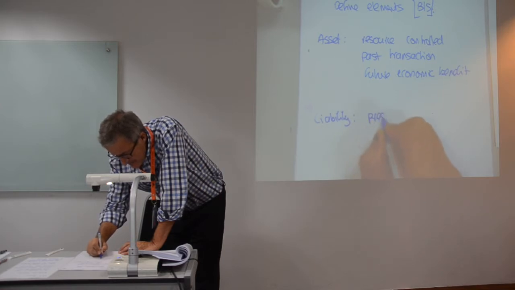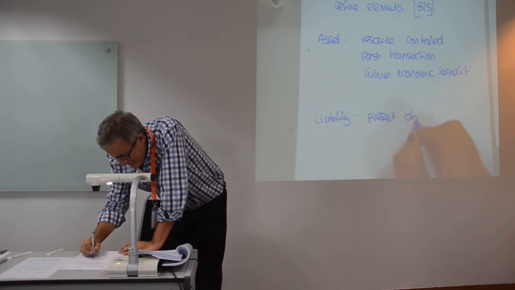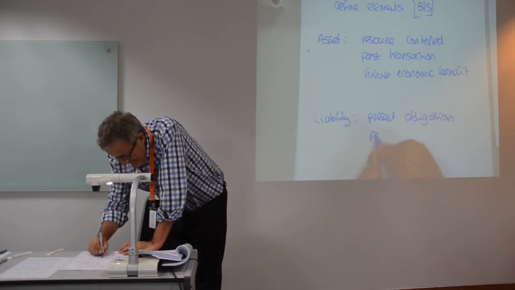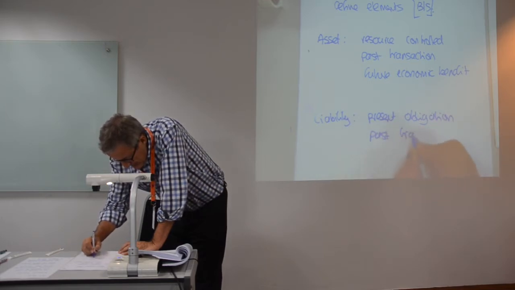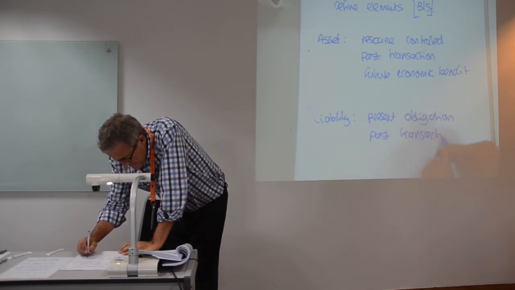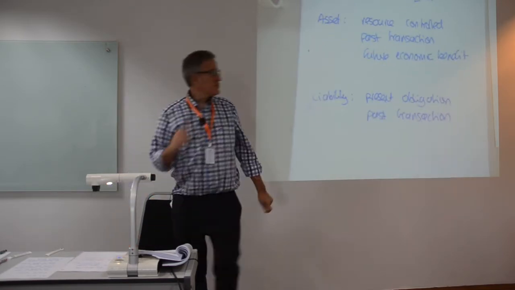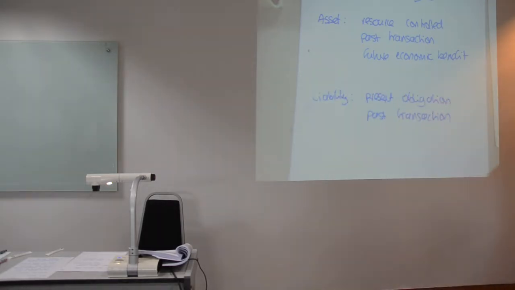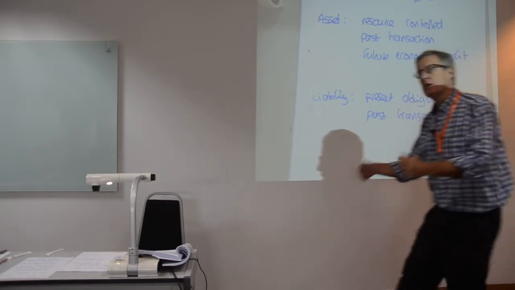A liability is a present obligation as a result of a past transaction or event, the settlement of which will result in an outflow of economic benefits. Money will go out.